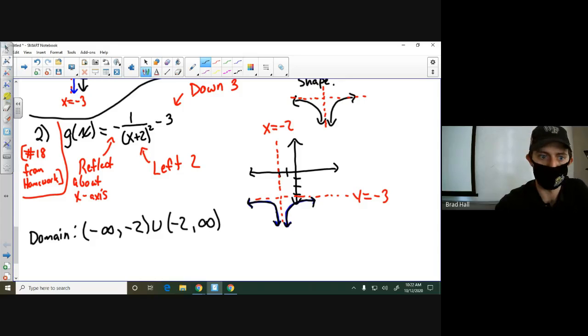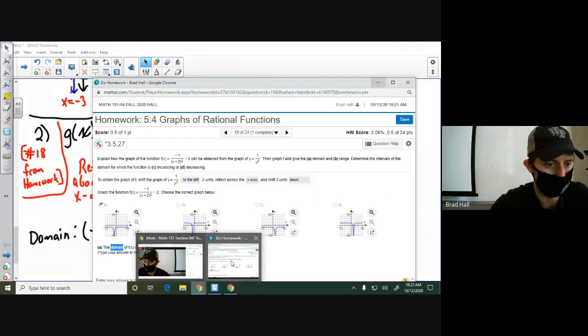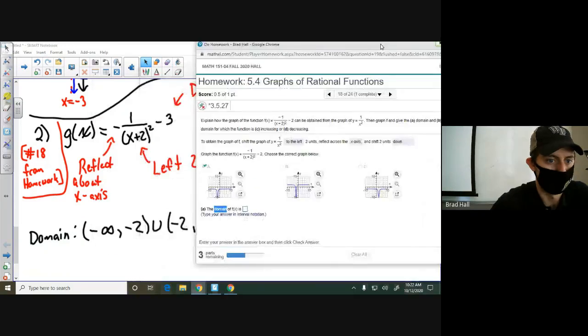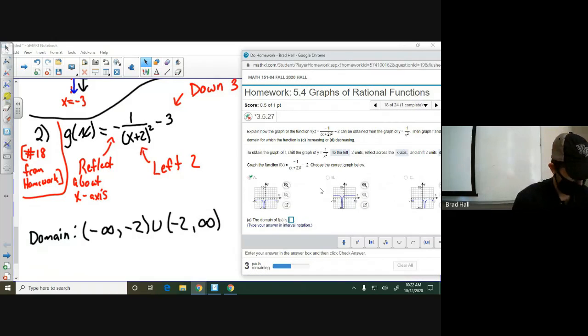So that would be the domain. And equivalently, I can go ahead and fill that out in the homework question as well. So the domain for this problem, well, the graph was exactly this. It actually turns out to be the same thing.